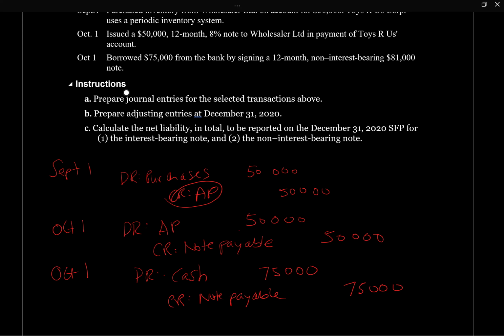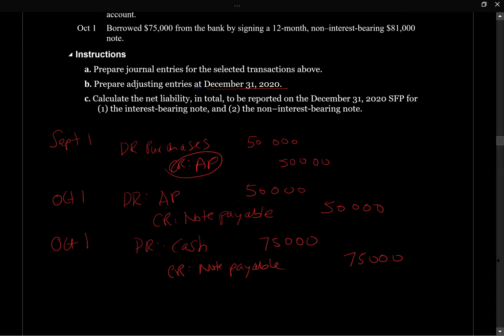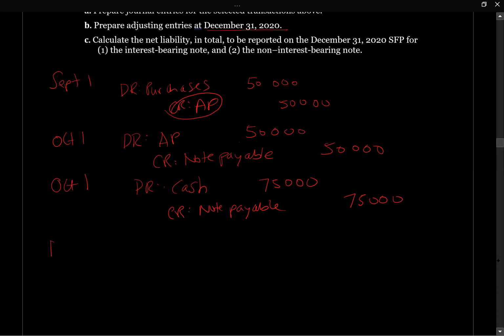Now we need to record the adjusting entries for December 31st. Thinking about that, we need to accrue interest on the two notes payable. So on December 31st, we know we're going to have debit interest expense.